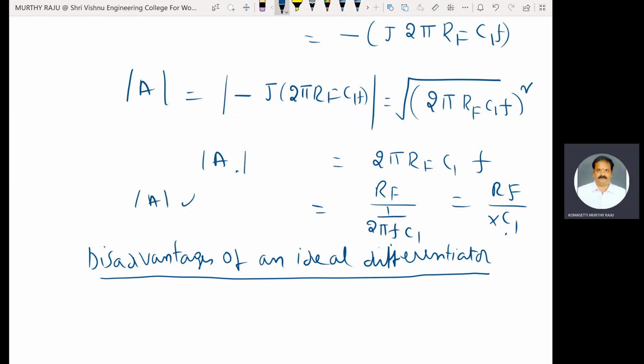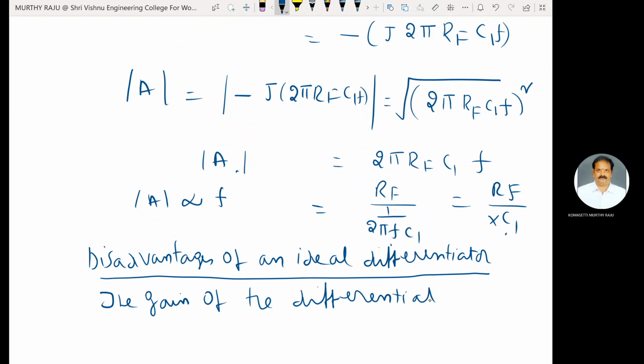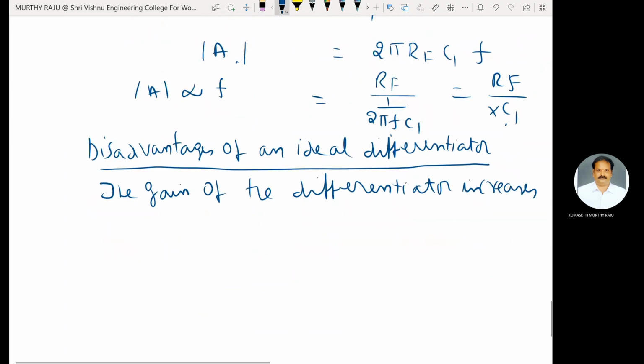That is, mod A is directly proportional to F. Mod A increases as F increases.